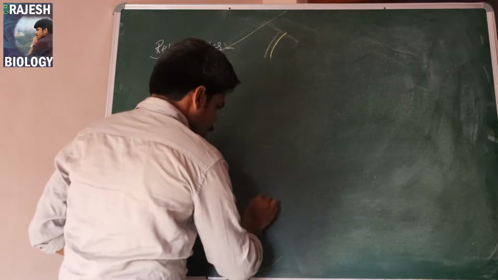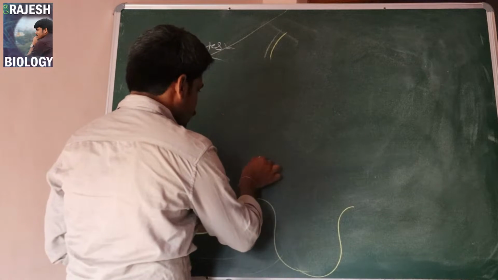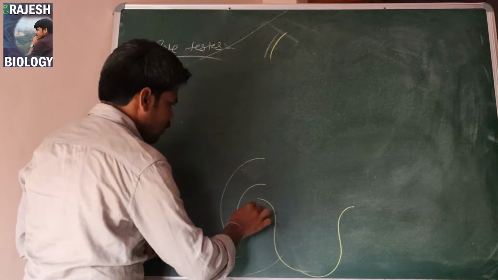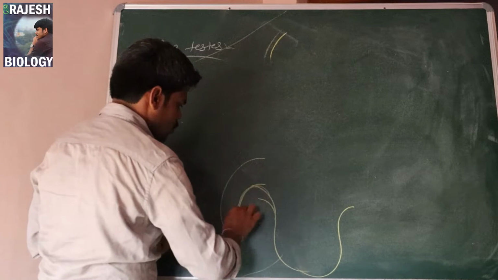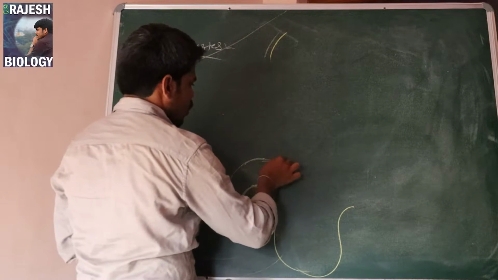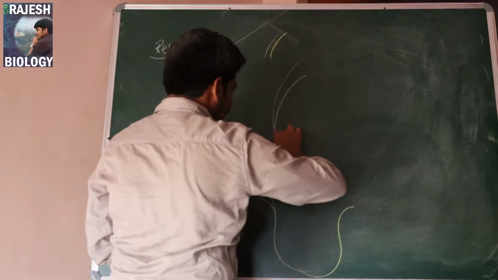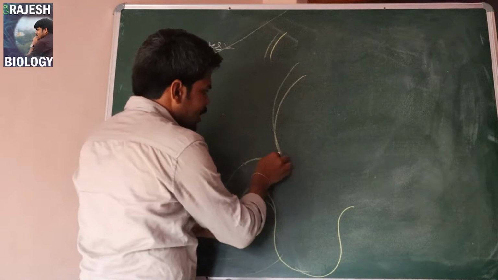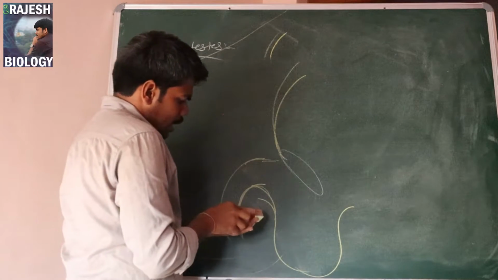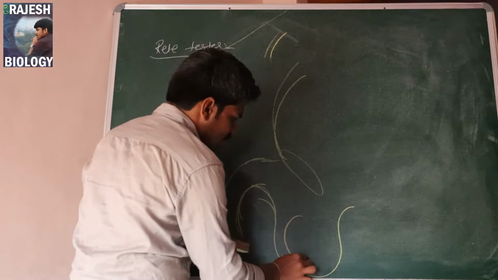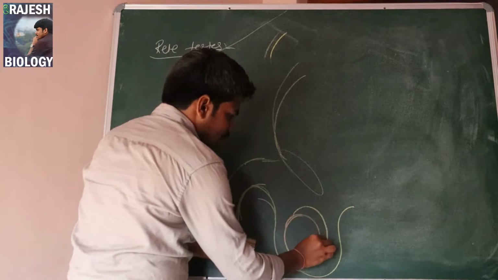So here is the scrotal sac, and it is the external genitalia. And here it is the abdominal wall, abdominal cavity, and it is the inguinal canal. And here it is the testis and epididymis.